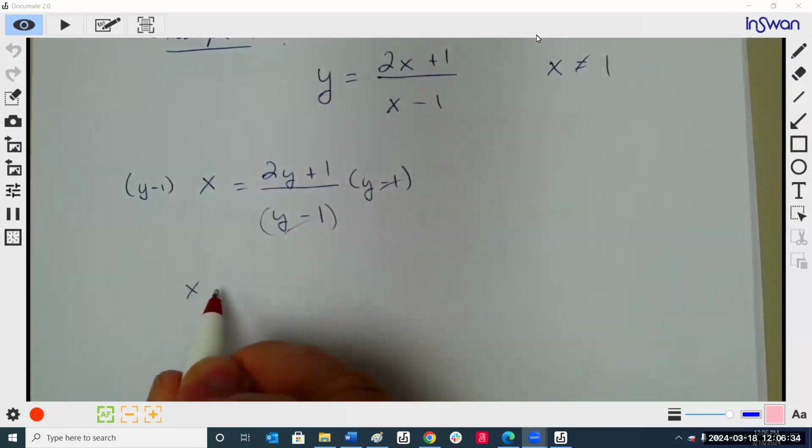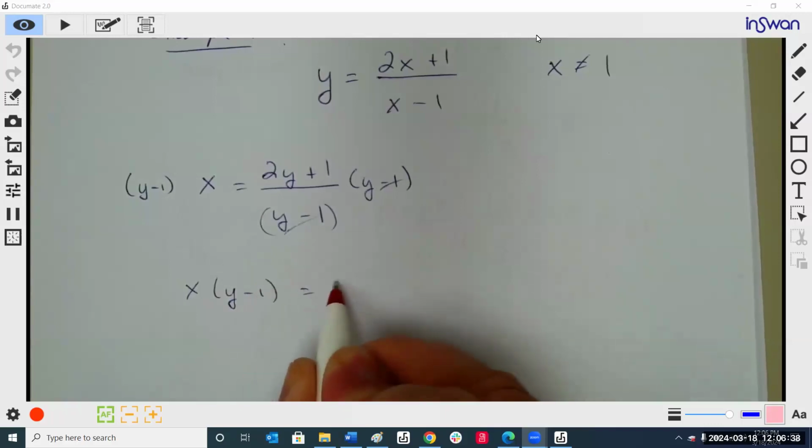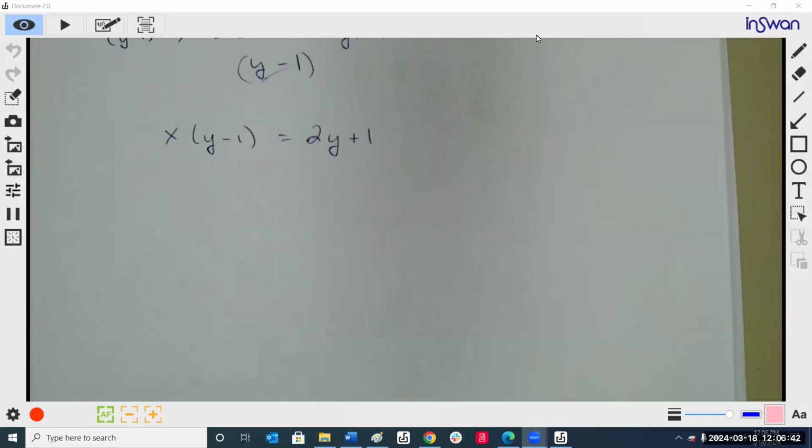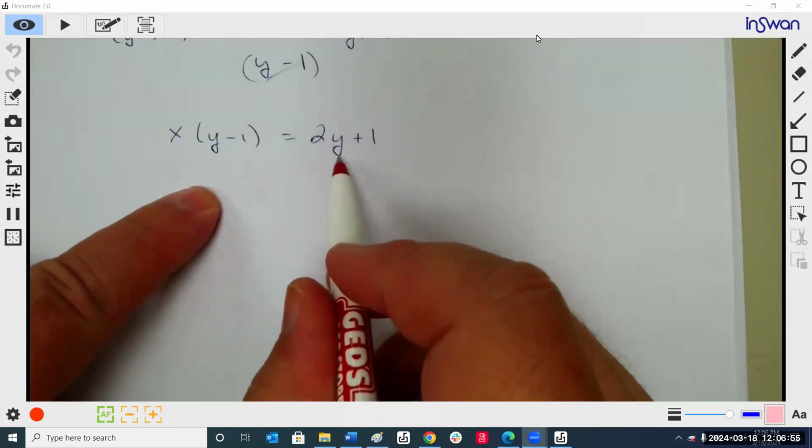So we have x times y minus 1. Then what? You could, but you still have y's on both sides.